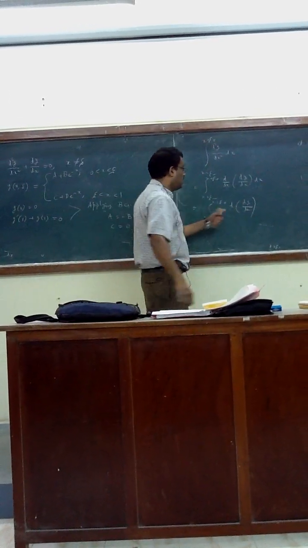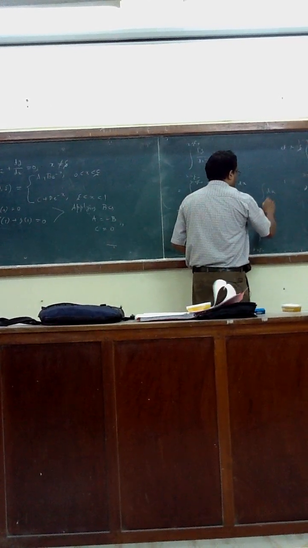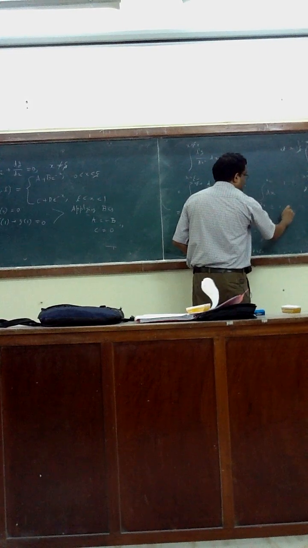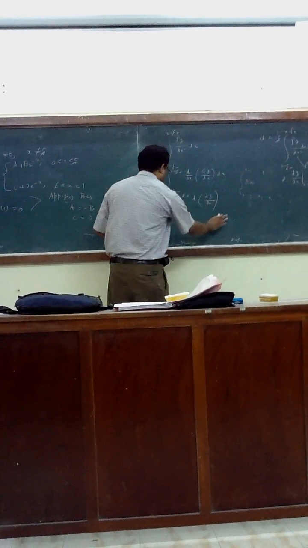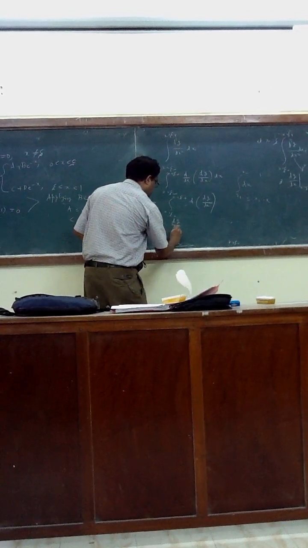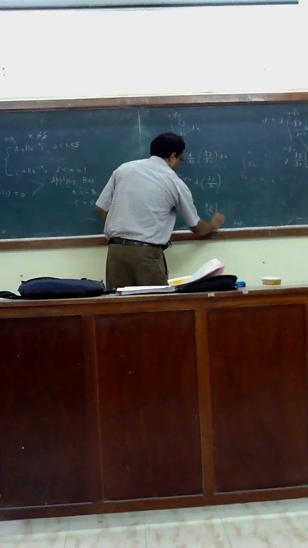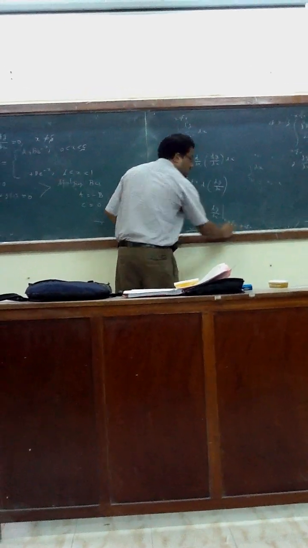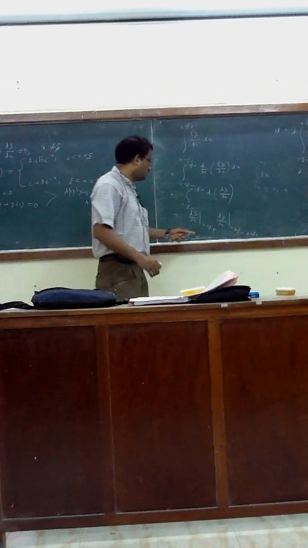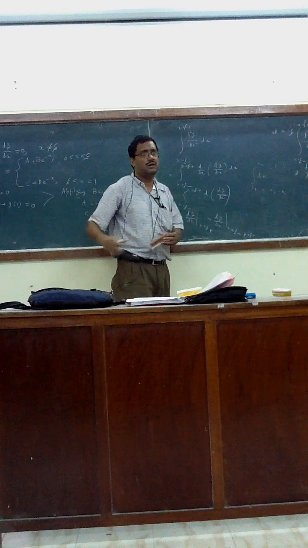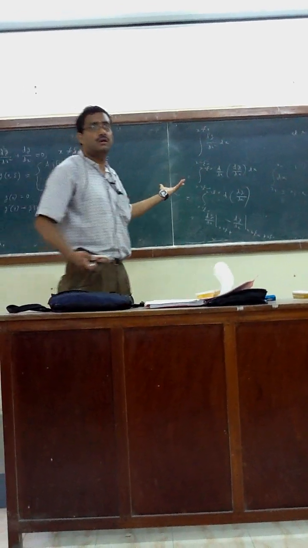Then the integral of the differential of x, the integral of dx from x1 to x2, what will you write? x2 minus x1. So it will be dg/dx at x equals z plus minus dg/dx at x equals z minus. That's why I wrote minus. Any question now? See, this is so simple.